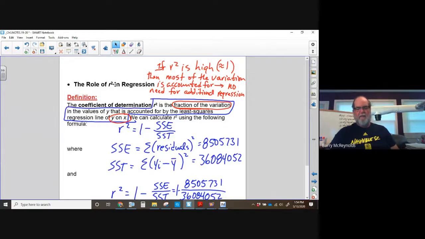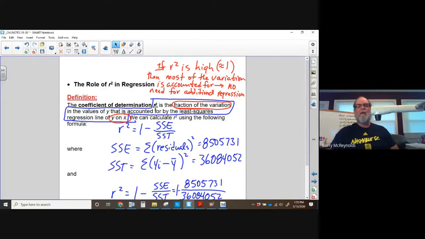R-squared is the R value, the correlation factor squared. It's always a positive value, of course, and it's always a value between 0 and 1. And it talks about the fraction of the variation in values of y that is accounted for by the least square regression of y on x.